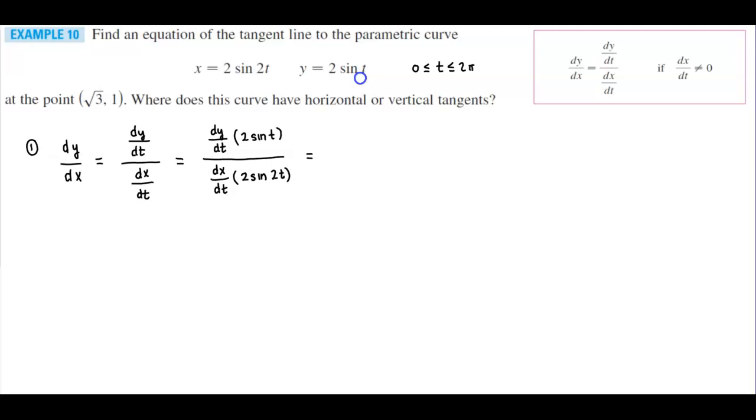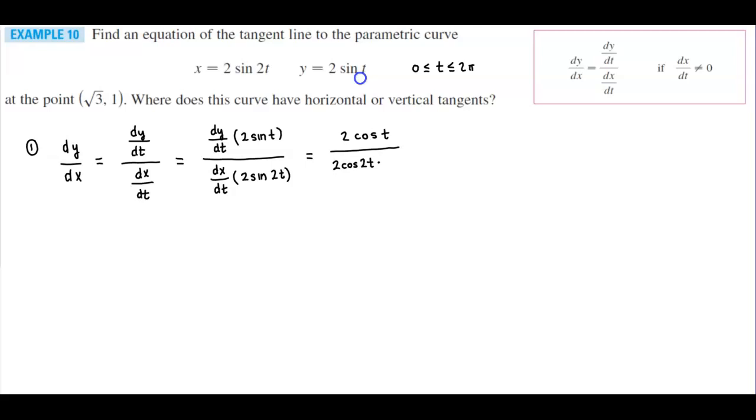Now, when we find the derivative of 2 sine of t, we know that the derivative of the sine of t is the cosine of t. So that's going to become 2 times the cosine of t. Okay, and then in the denominator, we want to find the derivative of 2 times the sine of 2t. So the derivative of the sine, which is the outside function, is going to be 2 times the cosine of 2t.